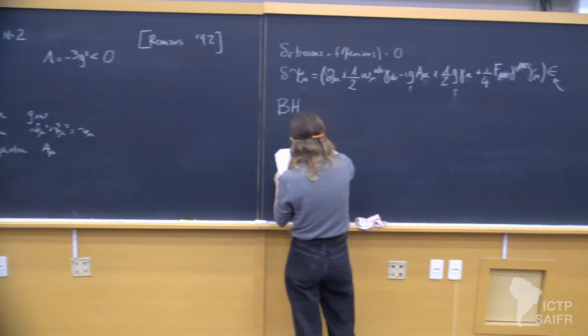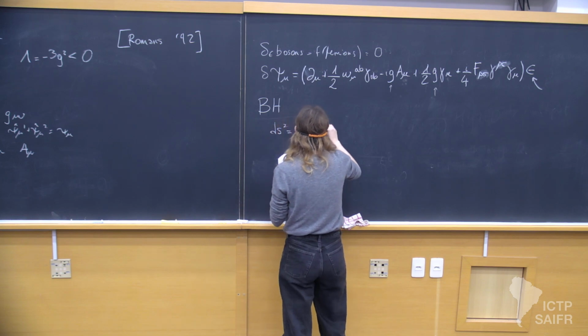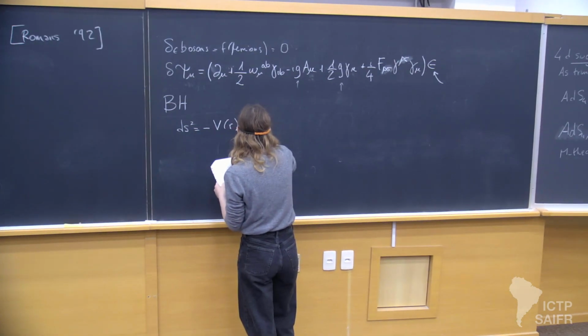So the solution that we're going to deal with will be a static and spherically symmetric black hole, whose warp factor I'm rewriting in this way.